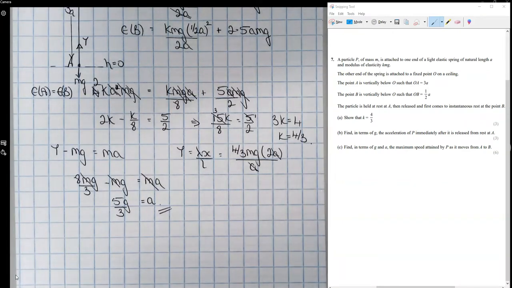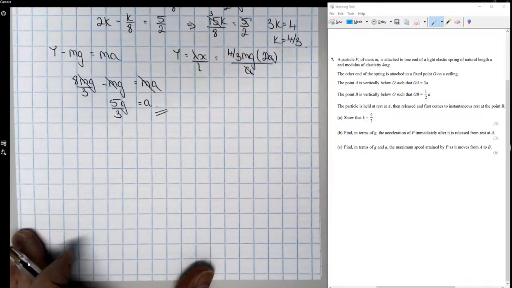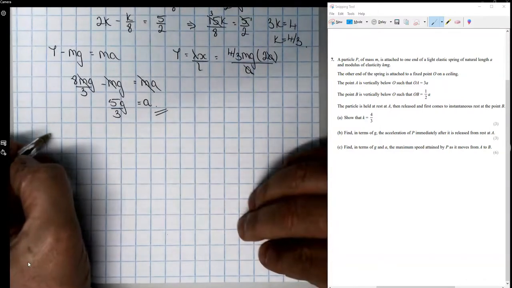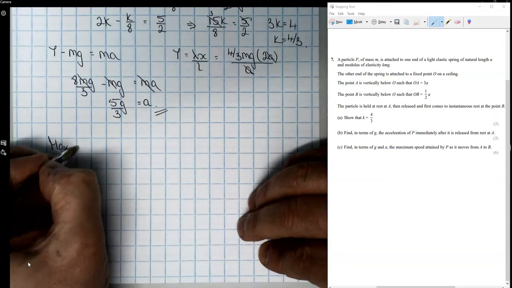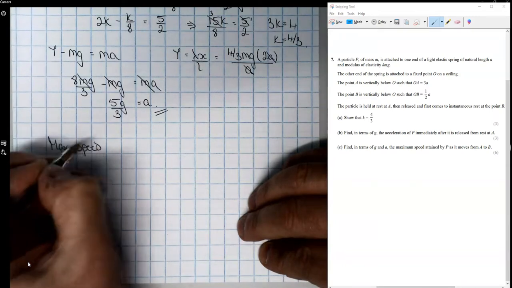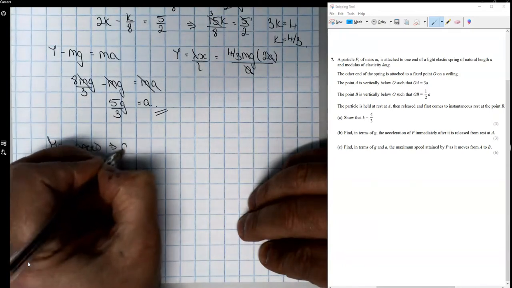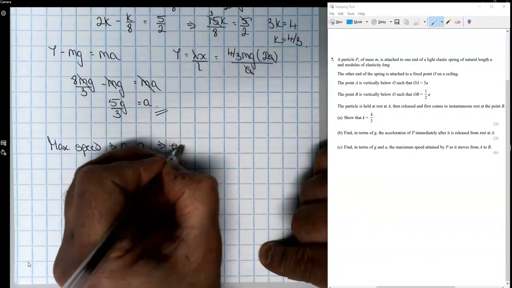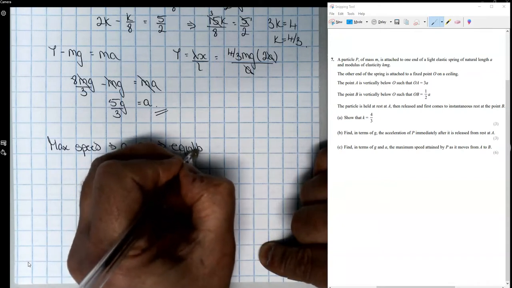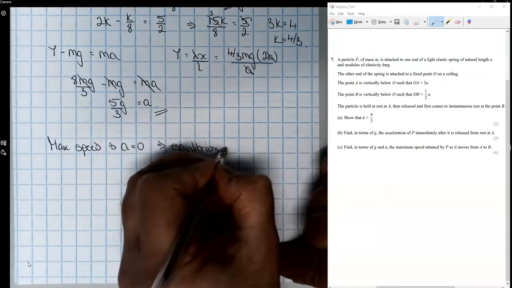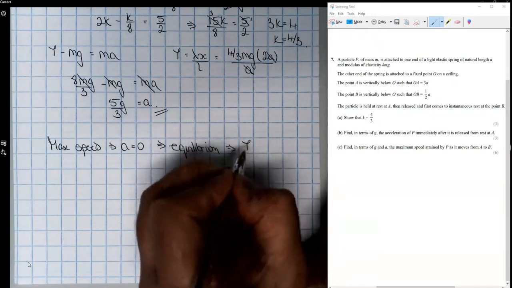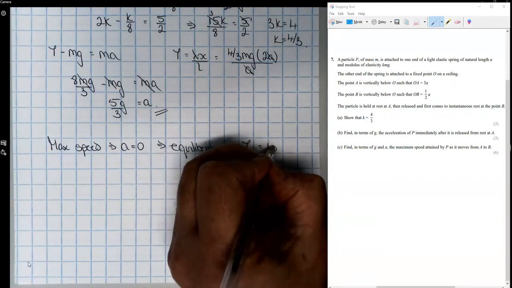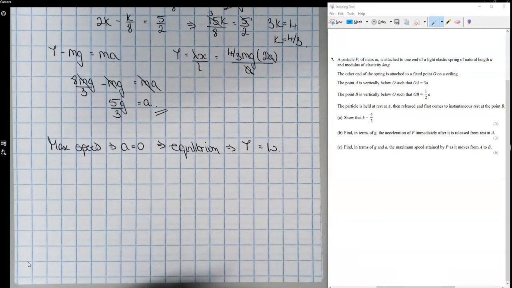Okay, and part C. The maximum speed implies a equals 0, which implies it's an equilibrium in terms of forces, which tells us that the tension in the spring equals the weight. So when the two are balanced, it's not accelerating, therefore it must be at its maximum velocity.